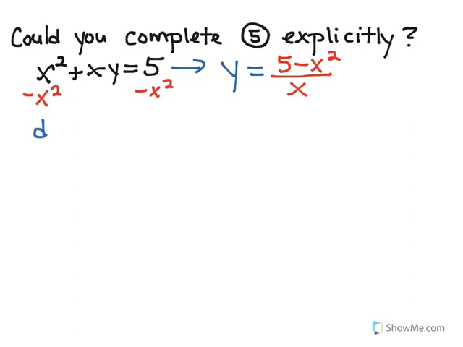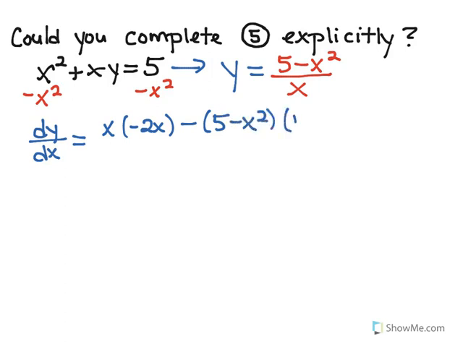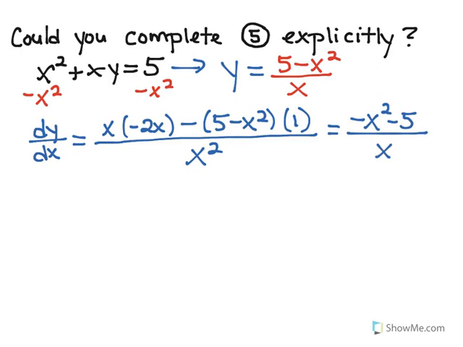So, dy/dx, the derivative, is equal to, I'm going to do low d high, negative 2x, minus high, 5 minus x squared, d low, which is 1, all over low squared. And if I clean that up a little bit and get rid of your parentheses, you're going to end up with negative x squared minus 5 all over x squared.